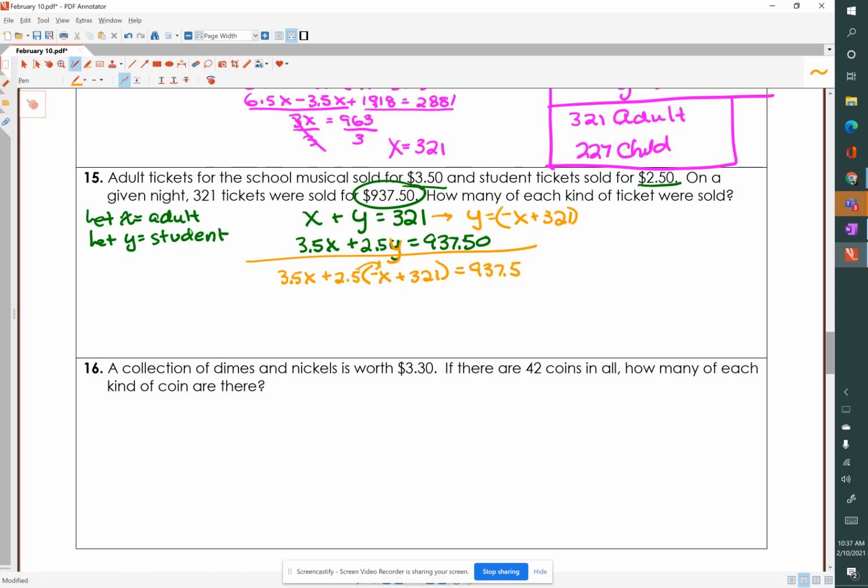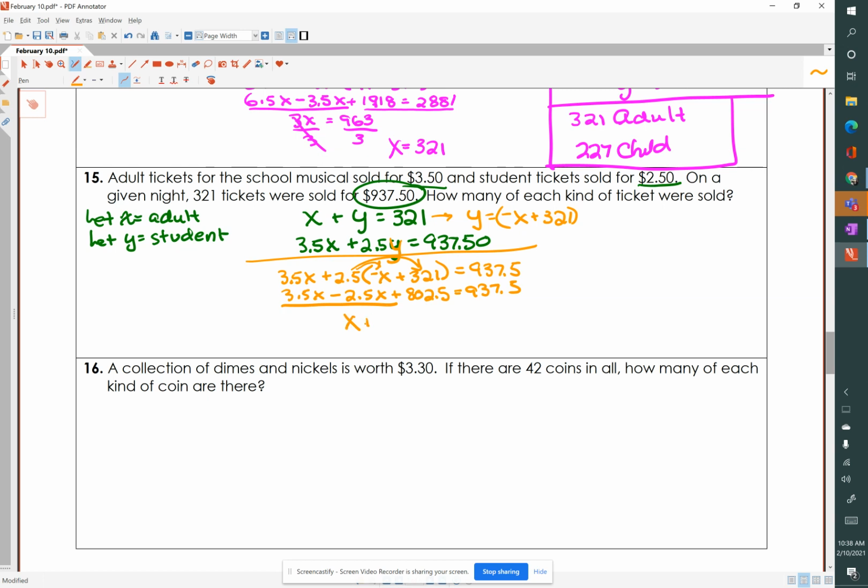Now I distribute 3.5x, and 2.5 times negative x is negative 2.5x. 2.5 times 321 is $802.50, excuse me, not 5. And that equals 937.5.